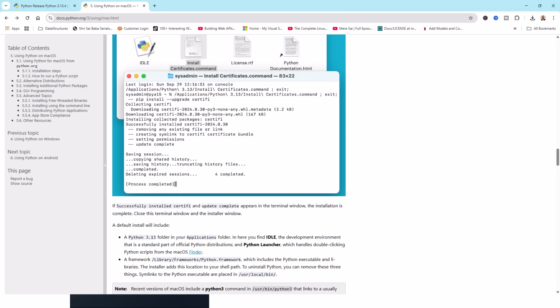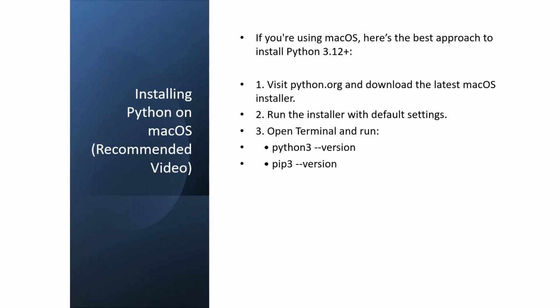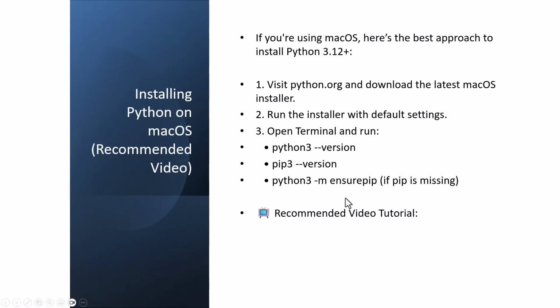Don't worry, I will put some very good resources after this, and this is all the installation in a nutshell. Open terminal and run the version commands. Once you have successfully installed Python on macOS, run these three to get the version: python3 --version, like we did for the Windows installation, pip3 --version, and python3 -m ensurepip if pip is missing.